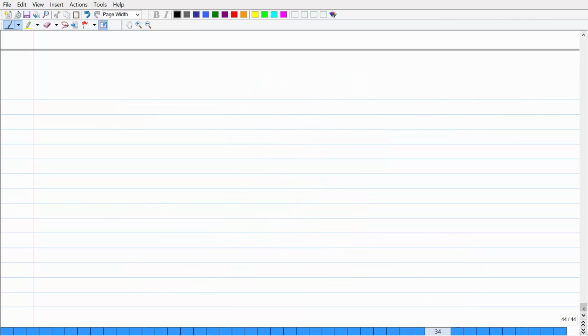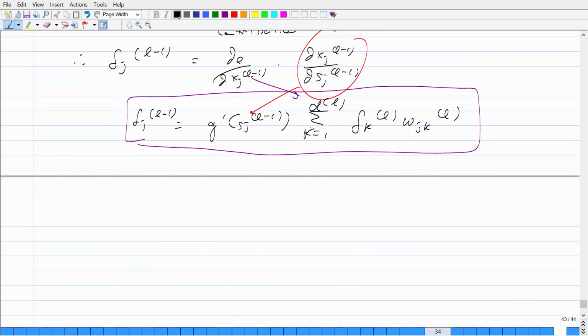Okay, so now that we have this, finally, if I want to compute the error, this is simply, we split it up as before.